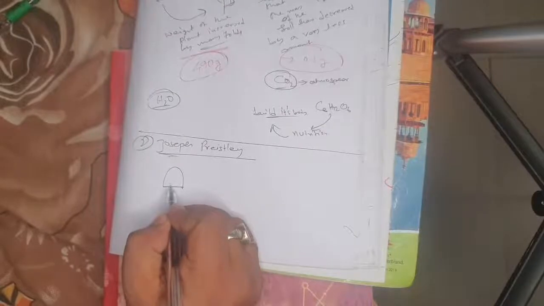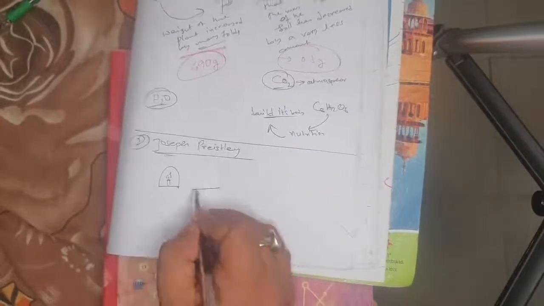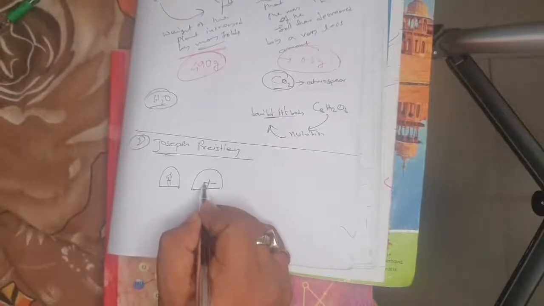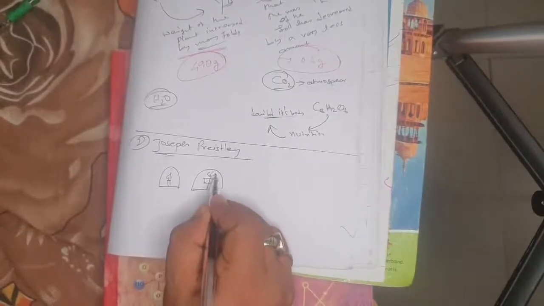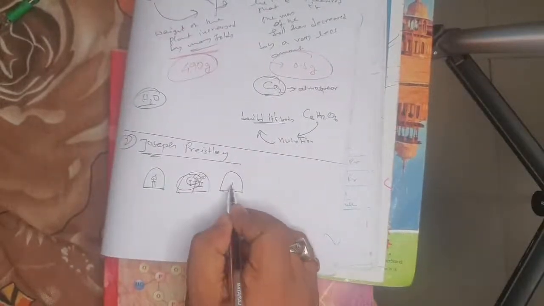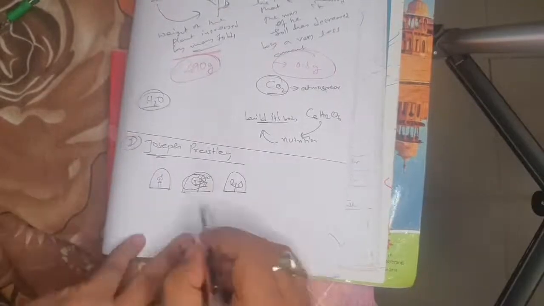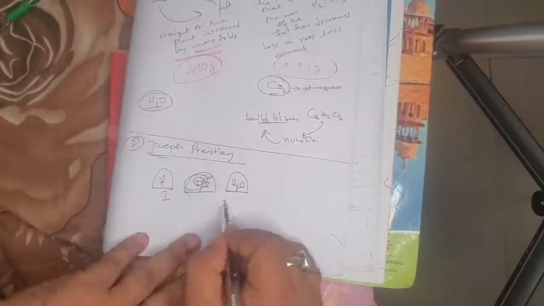He put a bell jar on a burning candle, and he put a bell jar on a plant. This is 1, this is 2.